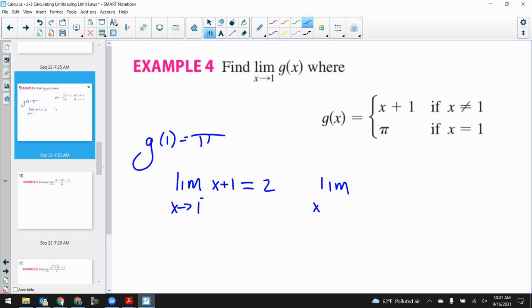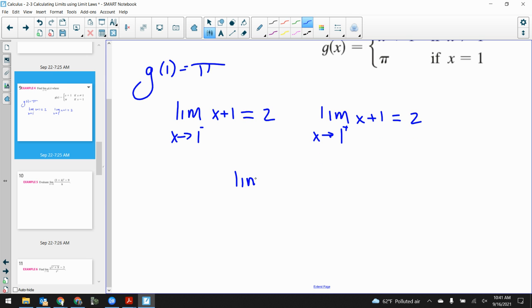Likewise, using that same logic, going from the right is also going to get me this, which is also 2. So the limit from the left is 2, and the limit from the right is 2. As long as the limits match, then the full limit as x goes to 1 of g of x is 2.